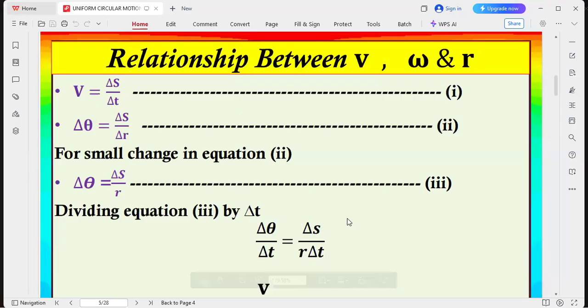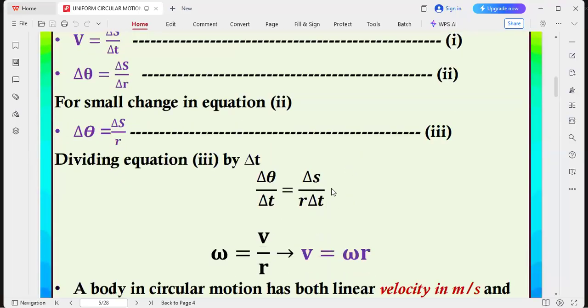When we simplify this, because we know that displacement over time is velocity, we can say now that omega equals V over R. Therefore, V, which is linear velocity, equals angular velocity times R. But since we are interested in omega, this is the fourth way of expressing angular velocity: omega equals V over R.